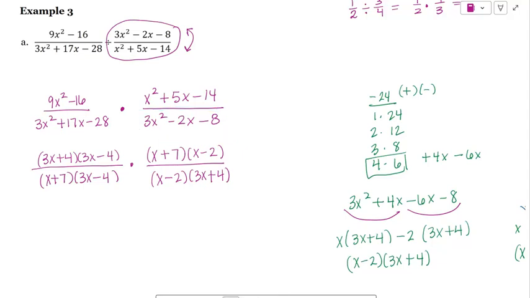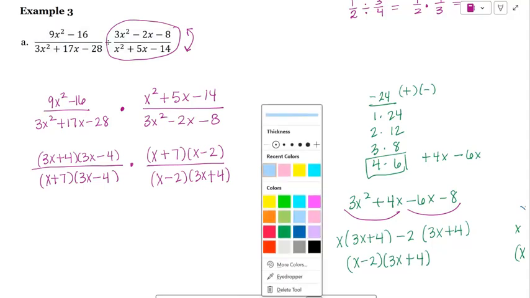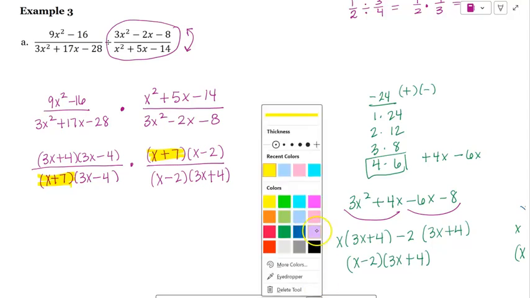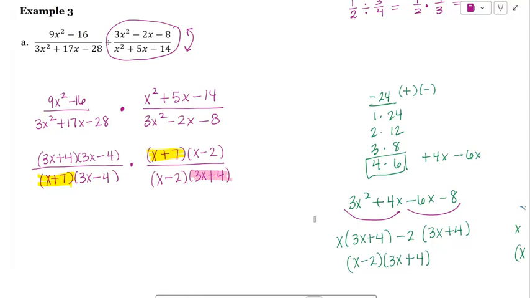And now, just like we did before, we want to find anything that matches that can cancel. So let's see, I've got an x plus 7 and an x plus 7. 3x plus 4, 3x plus 4.